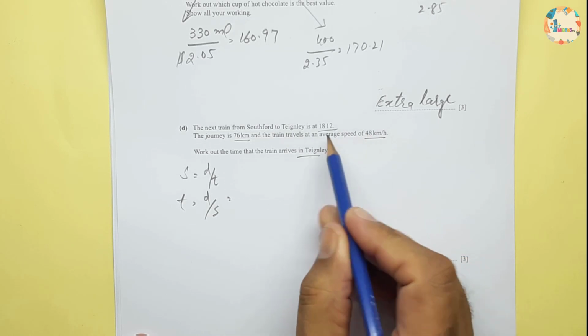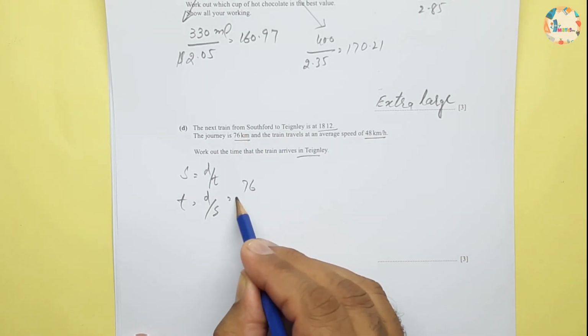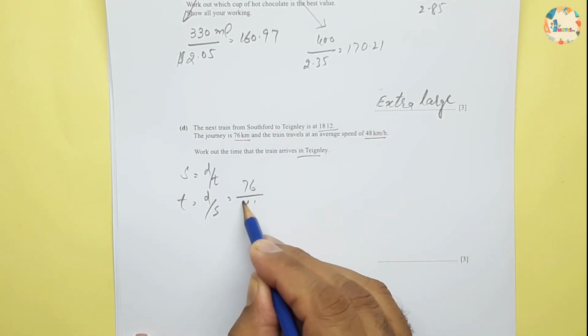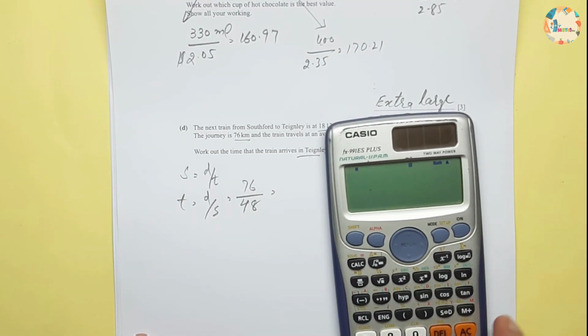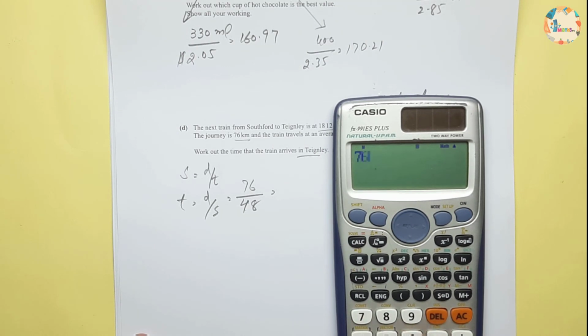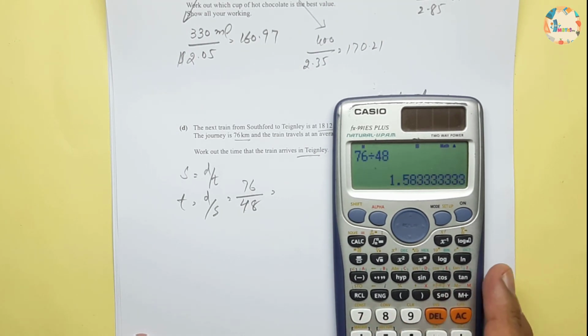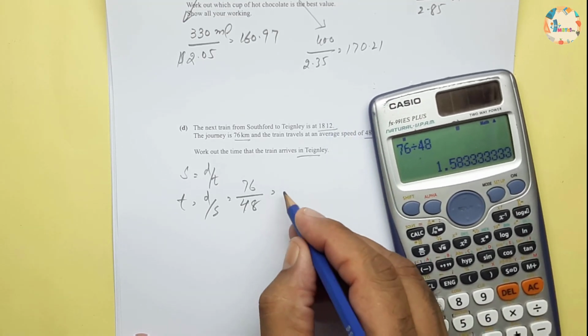Distance is given, which is 76 kilometers, and speed is given, which is 48 kilometers per hour. And this much time the train will be taking. 76 divided by 48, this is equal to 1.5833 recurring. This is the time which the train will be taking.